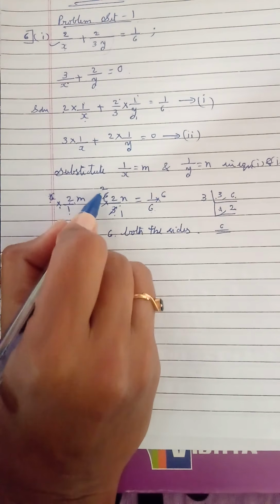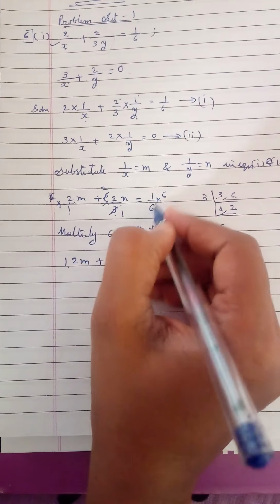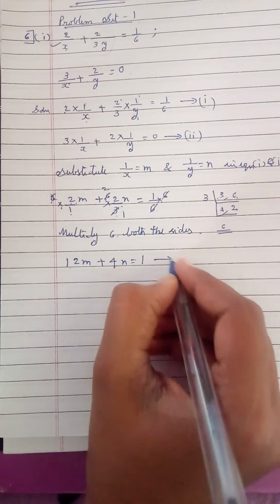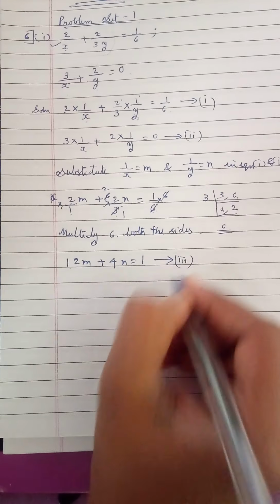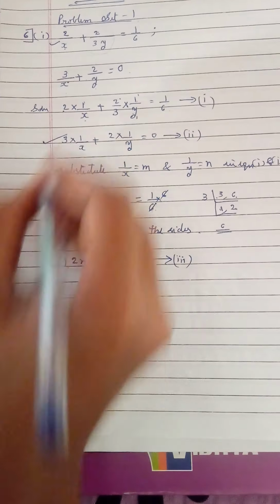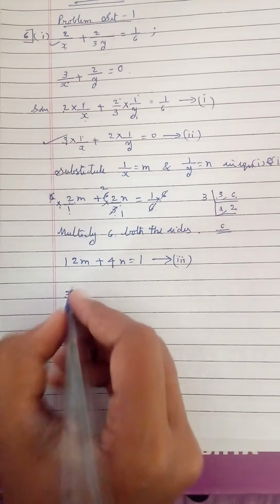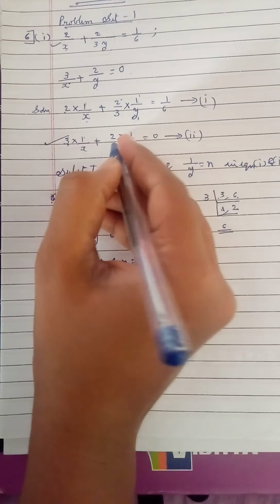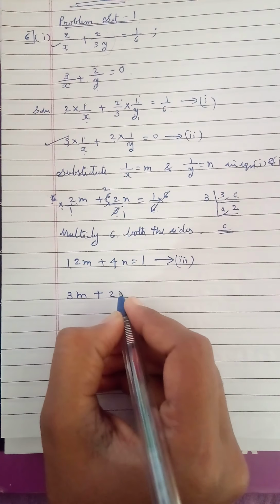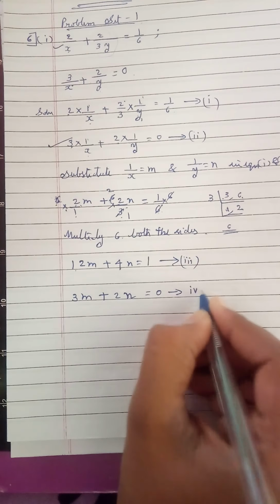So here remains 2 and 2 twos are 4. 4n equal to this, 6 cancels, 1 remains. So consider this as equation 3. And next substitute in the second equation 1 by x as m. Here 3 into m plus 2 into 1 by y is n, that is equal to 0. Consider this as equation 4.